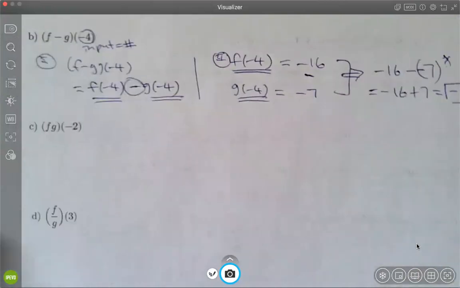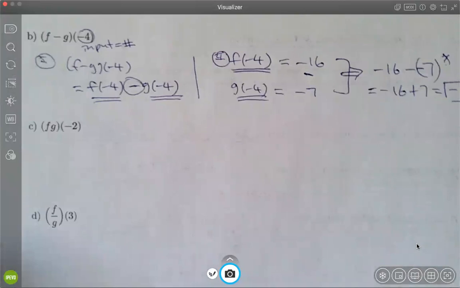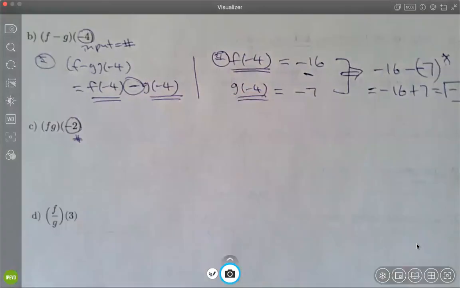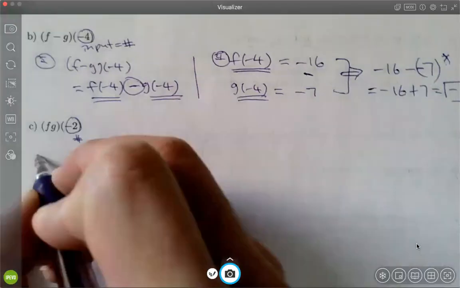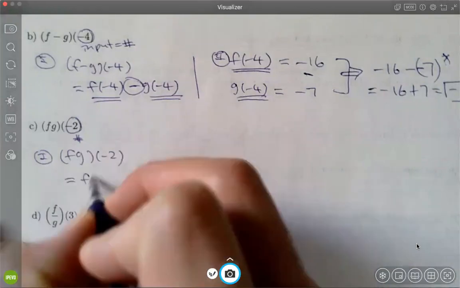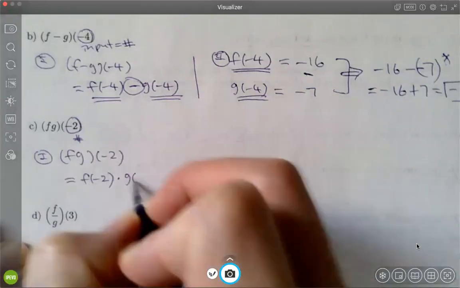And then C, fg of -2. Once again, that x value is a number, so we don't need to find the product function fg. By definition, fg of -2 is f of -2 times g of -2.